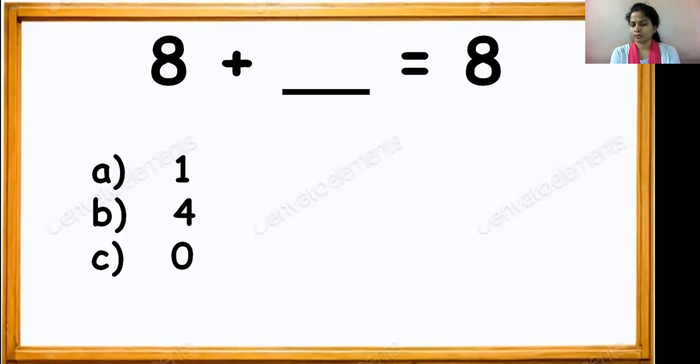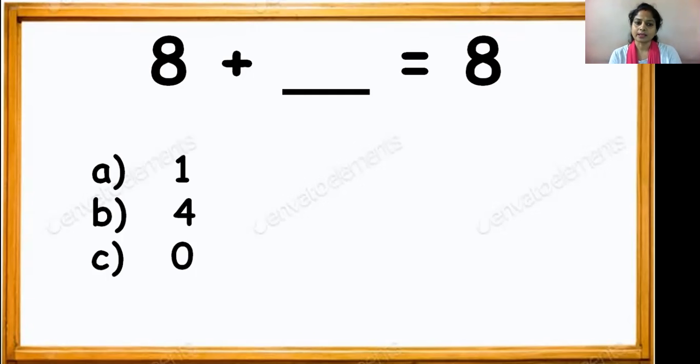The first number is also 8. At the end we are getting 8. So how can it be possible that we are adding something and we are getting the same number? Look at option A, that is 1. It means when we add this 1 to 8, we get again 8.